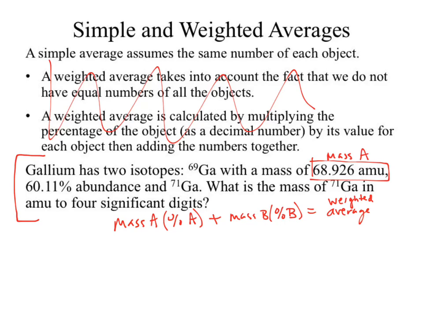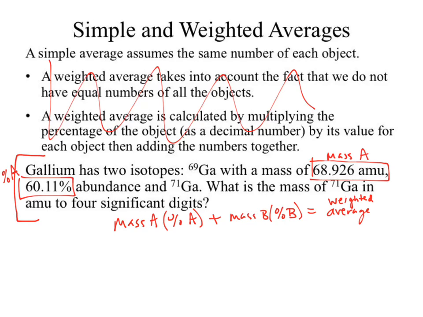Next thing I'm giving you, 60.11%. What is that? That is the percent of A. The mass and the percent matched with each other. And then I don't see any more numbers.